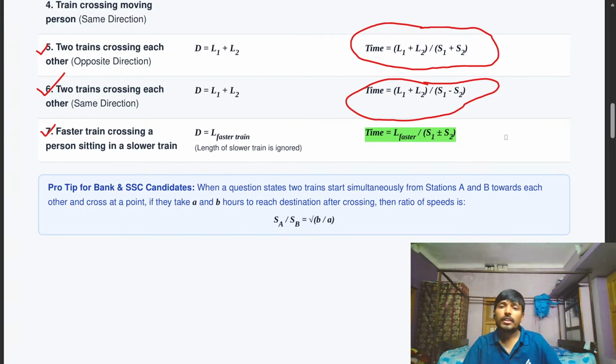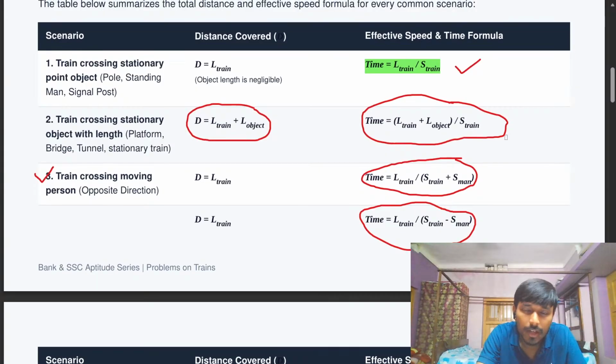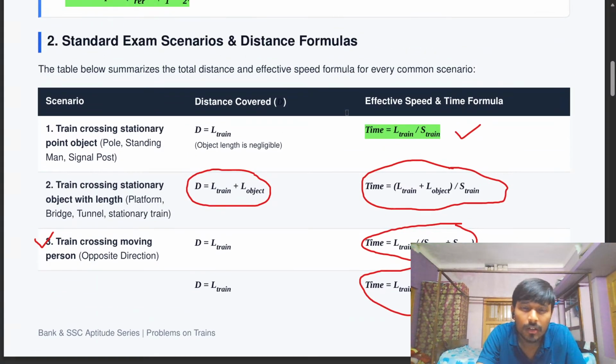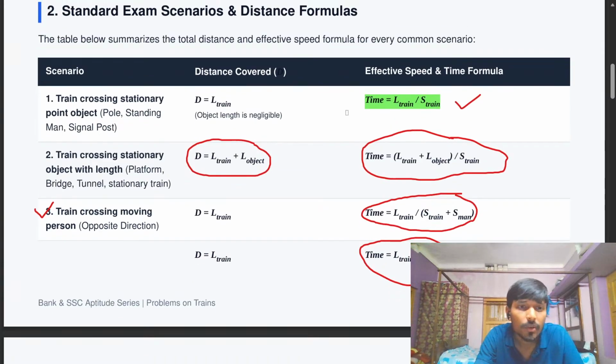And if they are in the same direction, then the speeds will be subtracted. Just remember this table, and you can solve any problem within seconds.